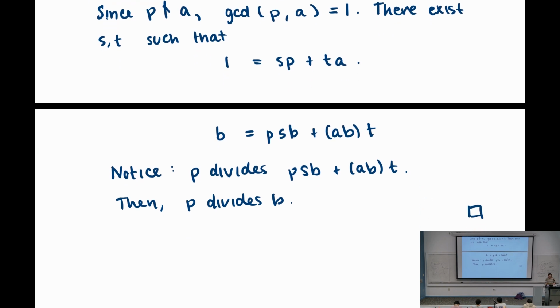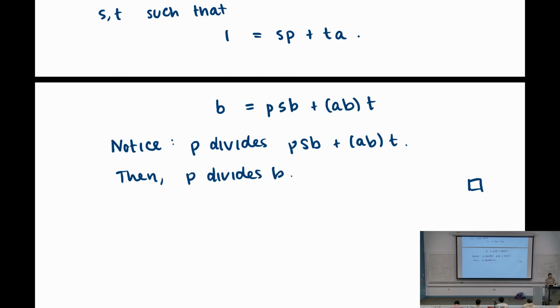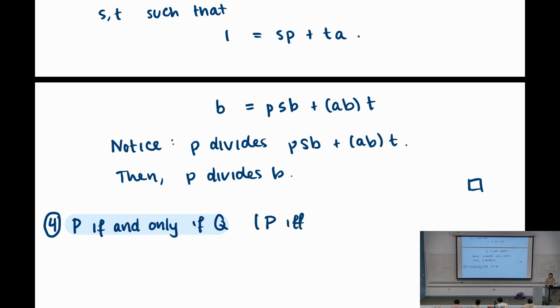Okay, so other types of statements that you might encounter. We also have if and only if, so something like P if and only if Q. This is sometimes abbreviated as P iff Q, or with arrows.